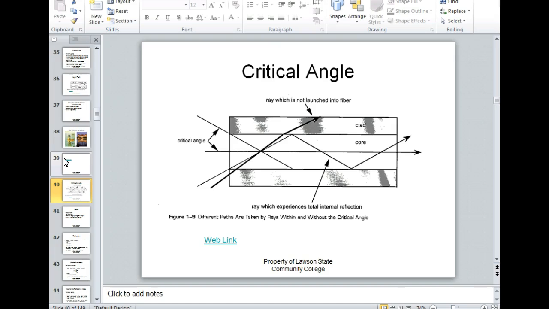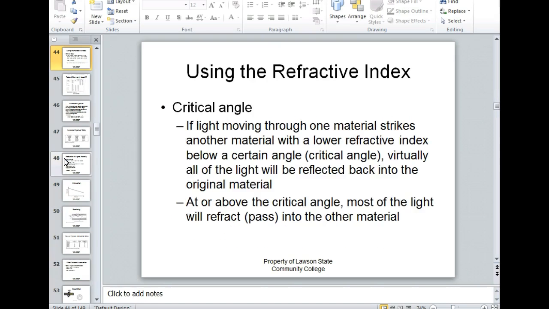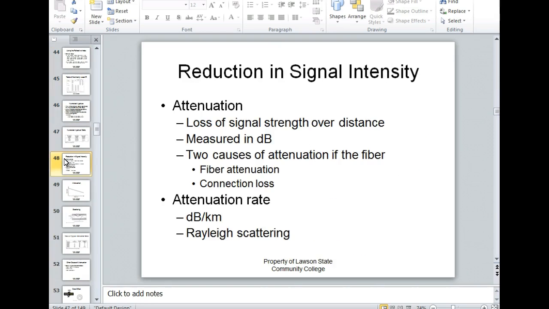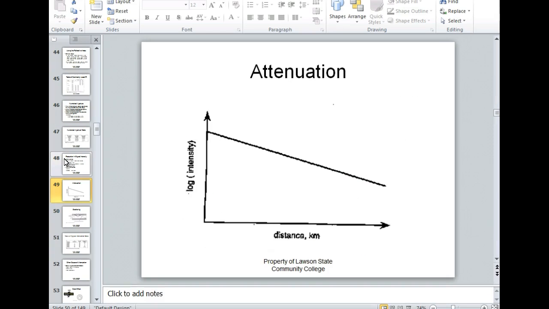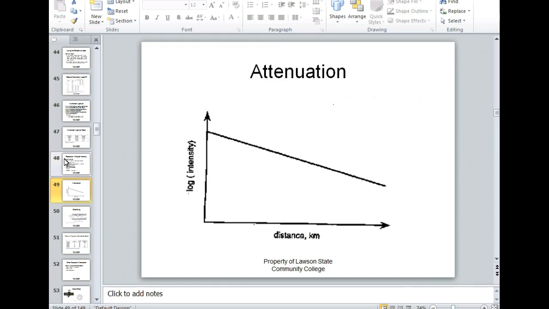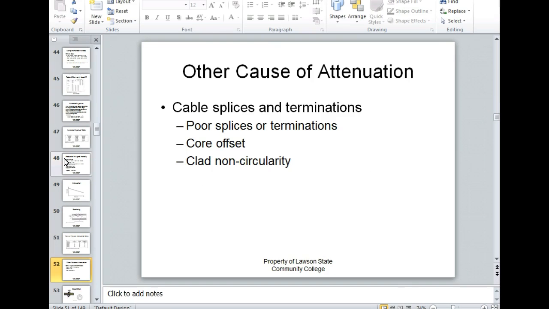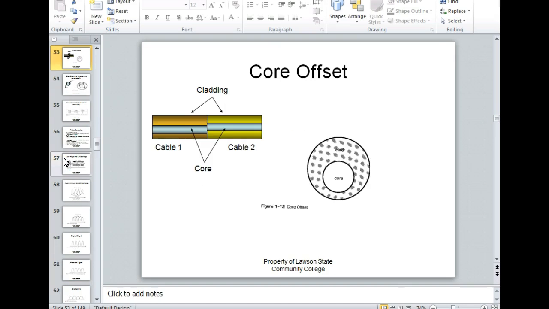If we get above the critical angle, then it's going to refract. Talked about index of refraction, numerical aperture. Talked about attenuation, which is pretty much the same in metal conductors as it is in fiber conductors. Talked about scattering, talked about core offsets and different problems that we're not in control of.